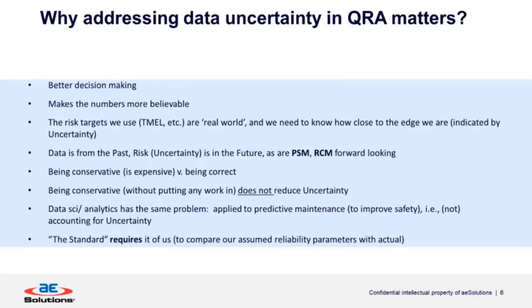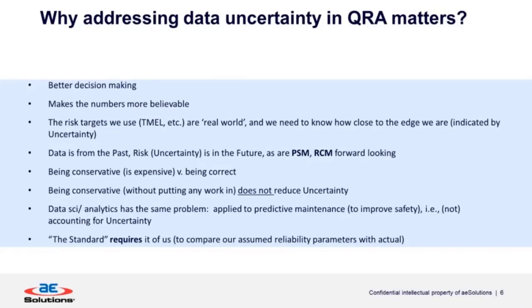It's not some relative, count on your fingers, count in your mind term. Those are intended to be real absolute numbers, recognizing there's no absolute numbers. There's always context and condition, but the targets are real world. And that's another reason uncertainty matters. How close to the edge are we operating?